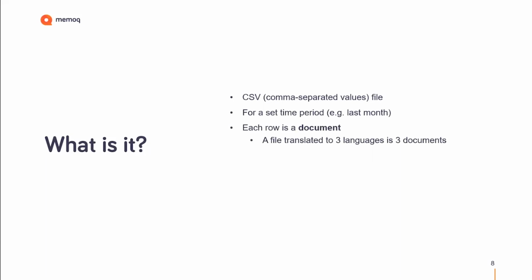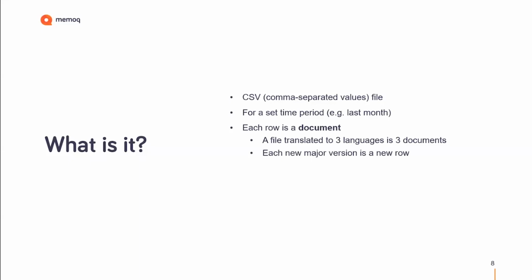Remember, if you import a file into memoQ and you are going to translate it to 3 languages, then it's 3 documents. And to correct myself, it is not actually each row is a document, but each major version is a separate row.